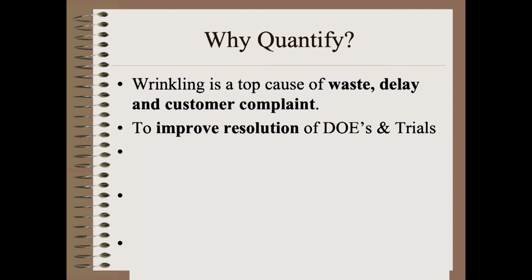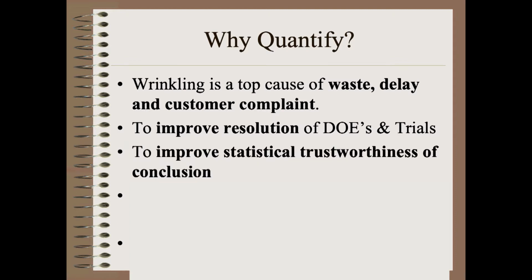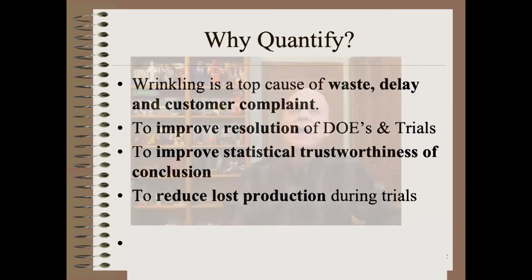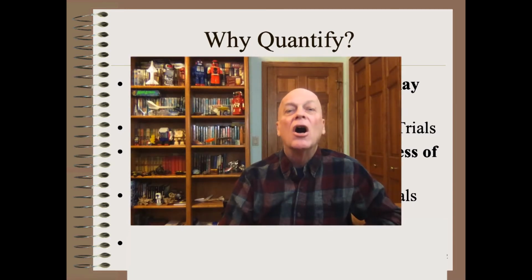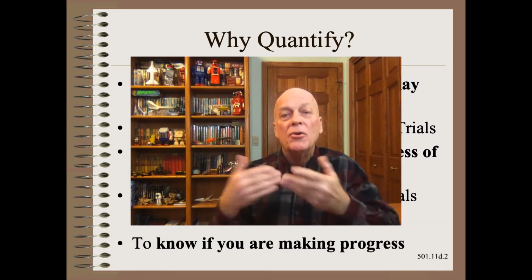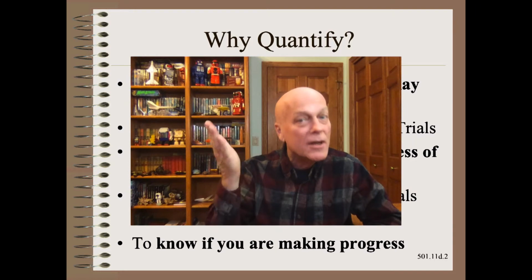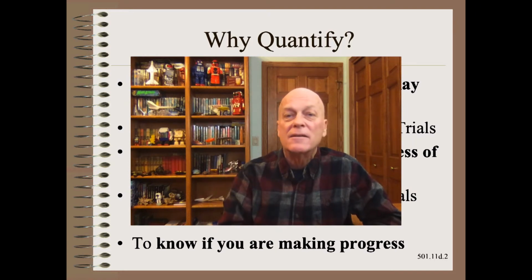A good measure will improve the statistical trustworthiness of the resulting conclusion. Also, trial times might be made shorter, even while improving the resolution, so that you can reduce lost production. In summary, a good measure will help you know better, faster, and cheaper if you are really making progress against wrinkles.